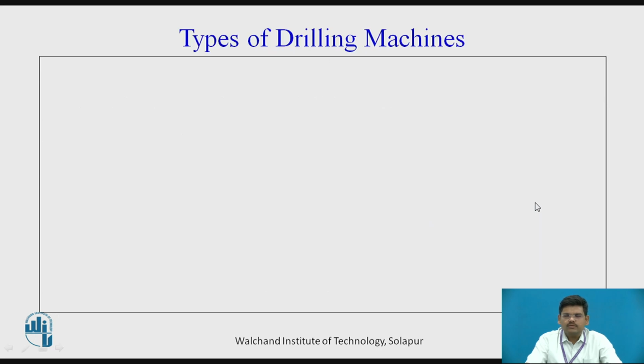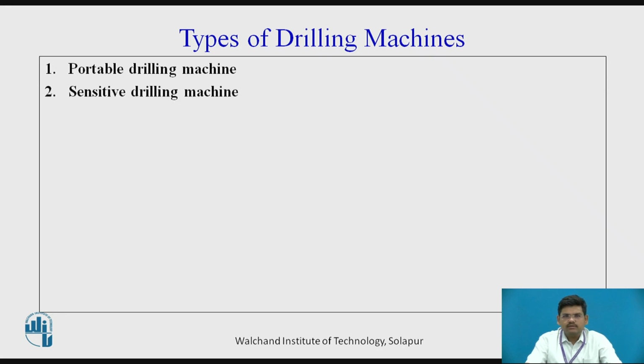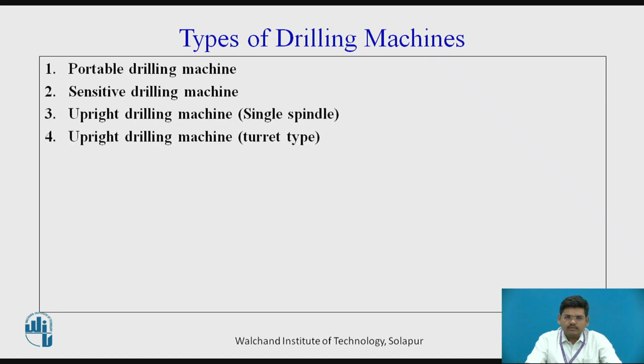Now, what are the types of drilling machines? The very first type that we come across is the portable drilling machine. Second is the sensitive drilling machine. Third is the upright drilling machine with a single spindle. Then the upright drilling machine with turret type.